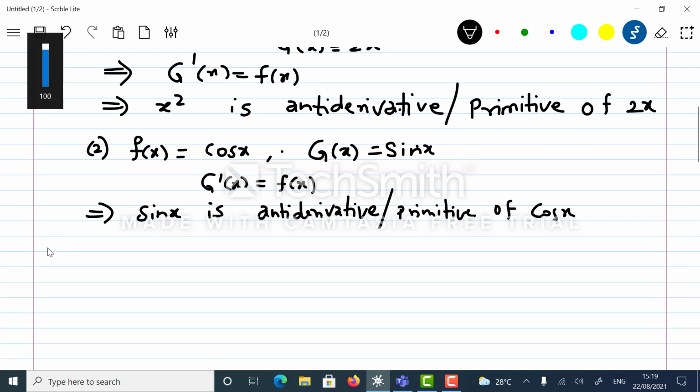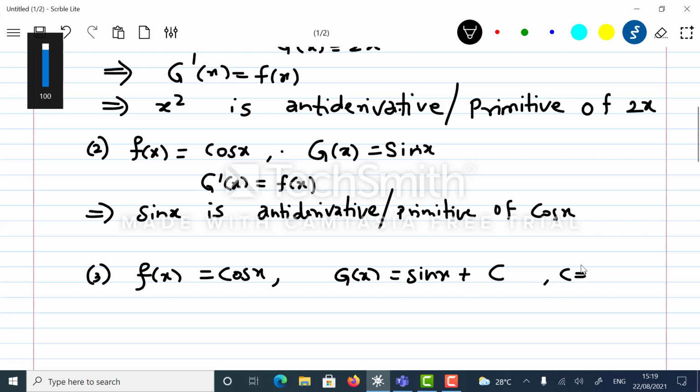Now one may observe: is the primitive unique? The answer is no, it's not unique, because if I take f(x) = cos x again and g(x) = sin x + c, where c is not equal to 0, assume that, so that the two will be different.